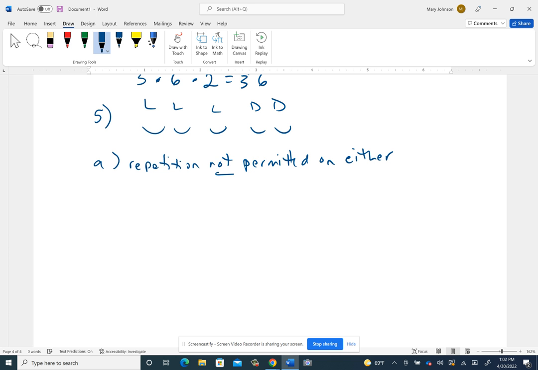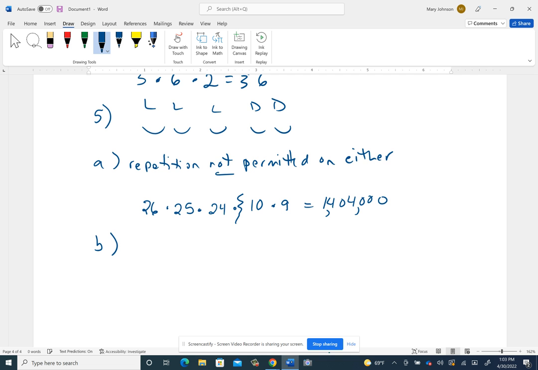Not permitted, so 26 options for the first letter, then 25 options, then 24 options. Now we're starting on the digits. You have 0 through 9, so that's 10 possibilities. Repetition's not permitted, though, so after that there'd be 9 possibilities. Then you multiply that out. It turns out to be kind of big: 1,404,000. Okay, that was A.